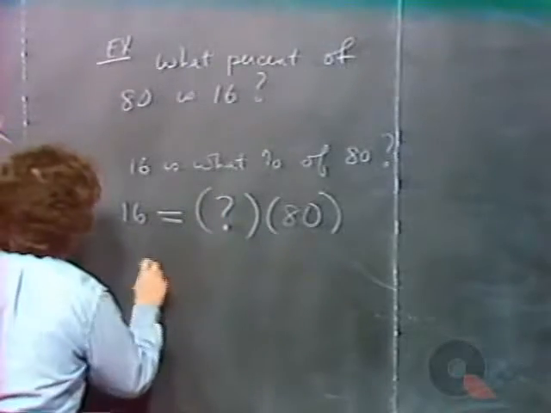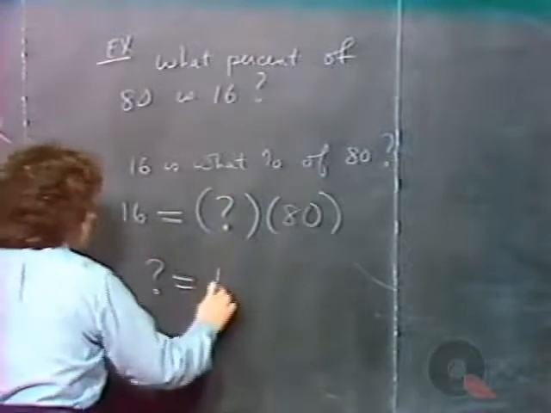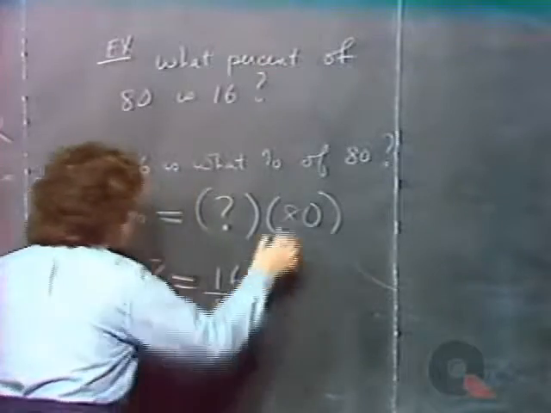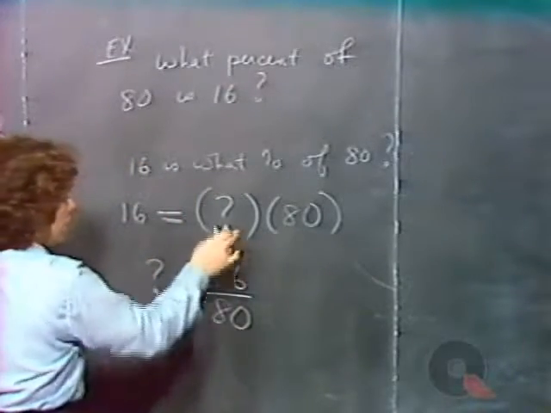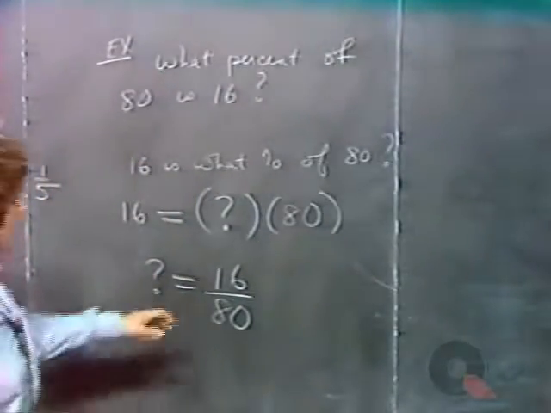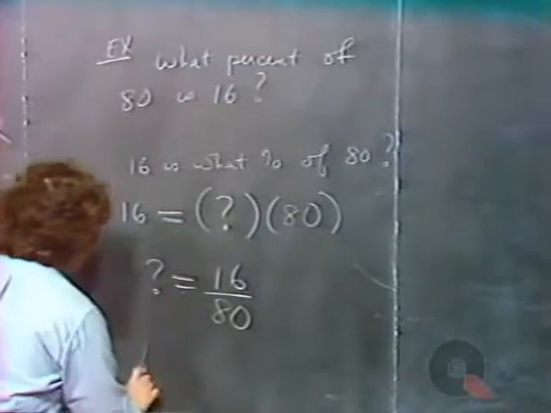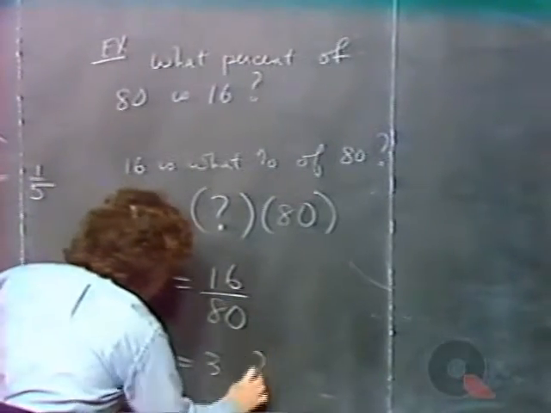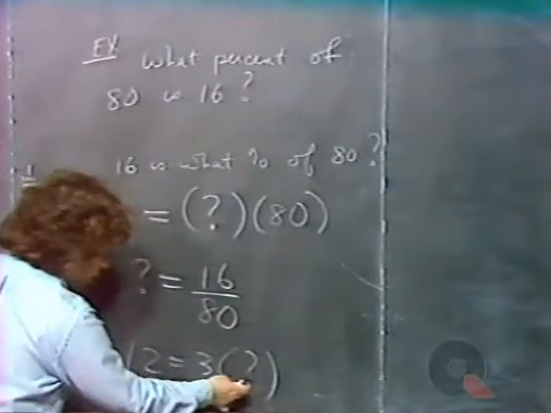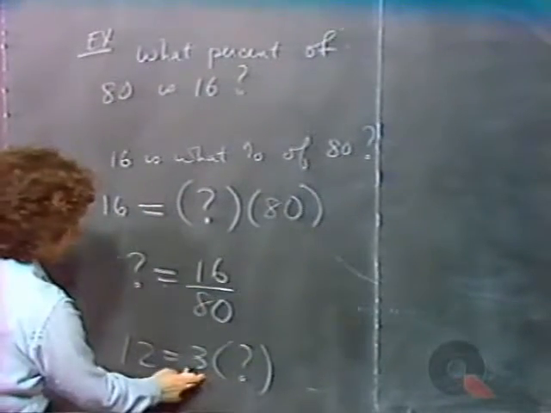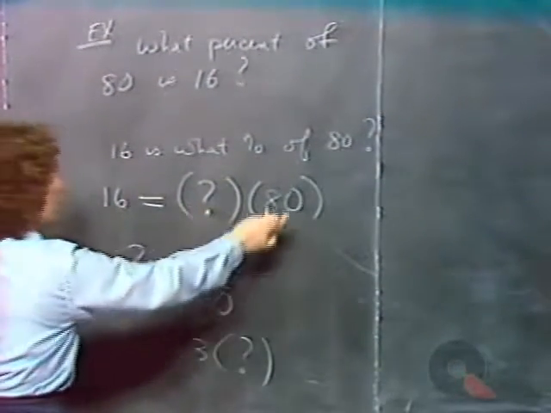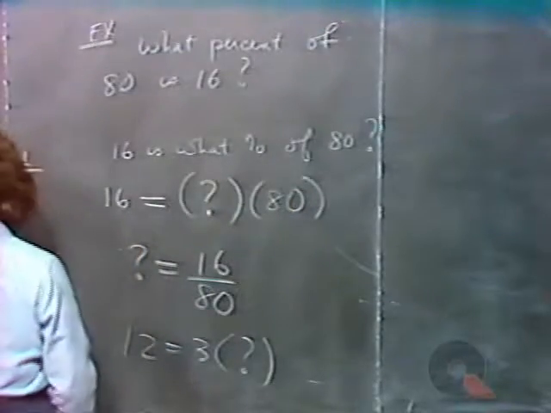And the answer, of course, would be 16 over 80. In other words, you would divide 16 by 80 to figure out what the unknown is here. Just like when I had, remember, 12 is 3 times what? You figure out the what by dividing 12 by 3. Here you figure out the what by dividing 16 by 80.